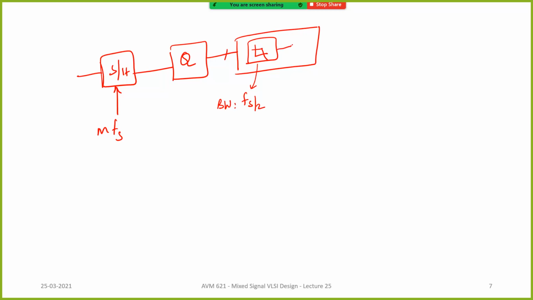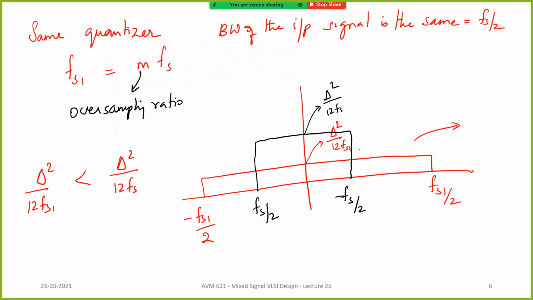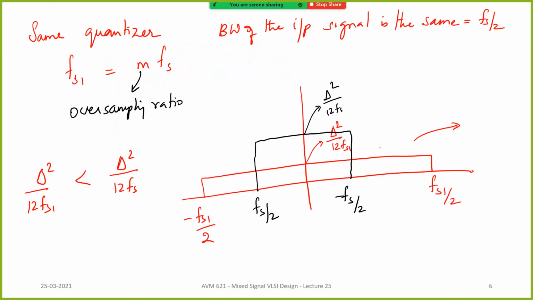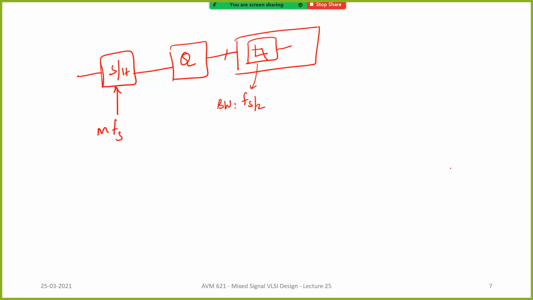What will happen? First of all, can I put a low pass filter like this? Is it valid for me? Let's say this low pass filter is a digital implementation, an FIR filter or an IIR filter. The implementation can be anything. Am I allowed to put something like this?